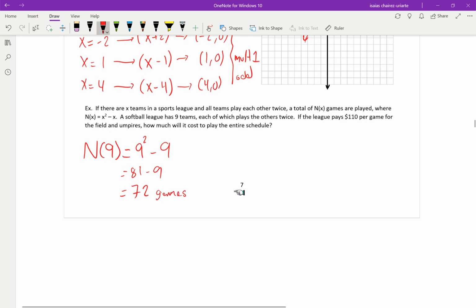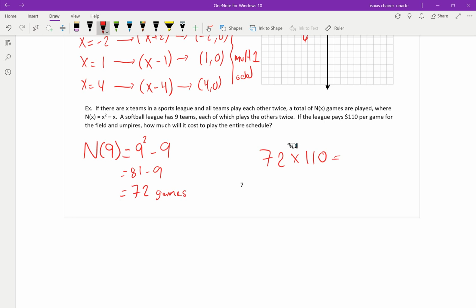All right, and now they told me that the league has to pay $110 per game for the field and umpires. So we're going to play 72 games, and for each game we have to pay $110 to the field and the umpires.